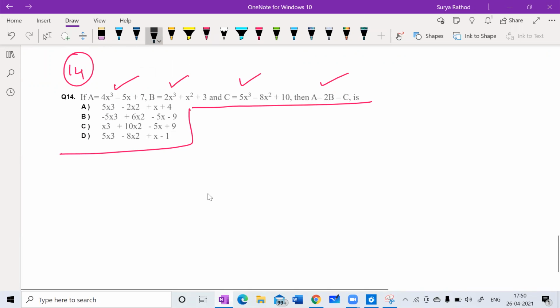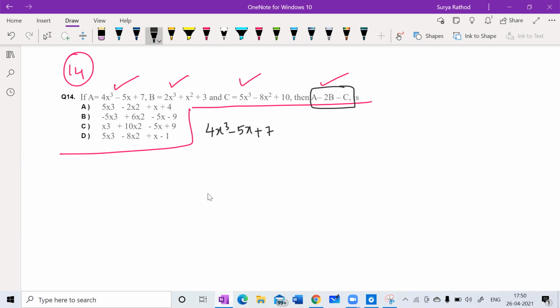I'll be solving A minus 2B minus C. What is the expression of A? 4x cube minus 5x plus 7, minus 2 into B, which is 2x cube plus x square plus 3, minus C, which is 5x cube minus 8x square plus 10.